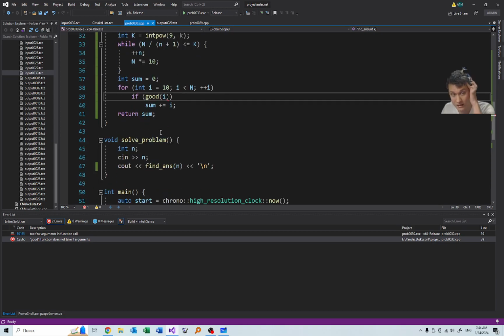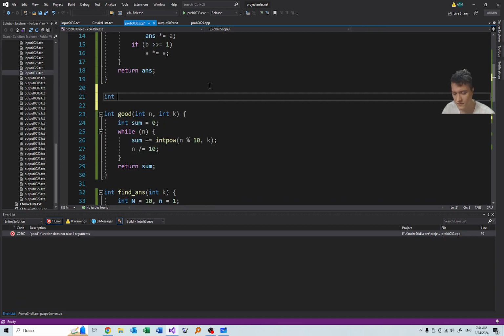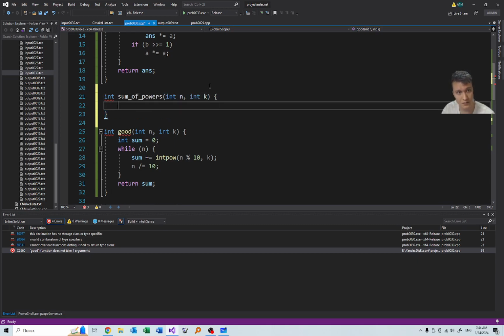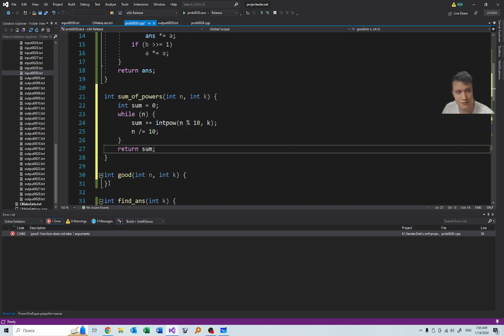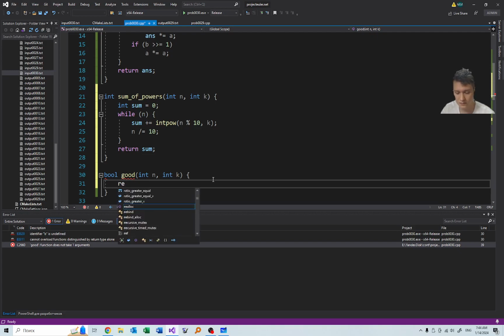We need i and k. Actually, I'd like to have two different functions. Sum of powers. So here I return sum actually. And good is a boolean which returns that n is equal to sum of powers of n and k.